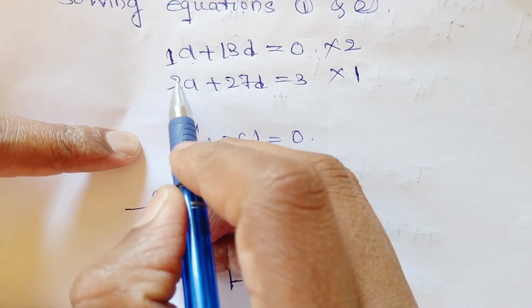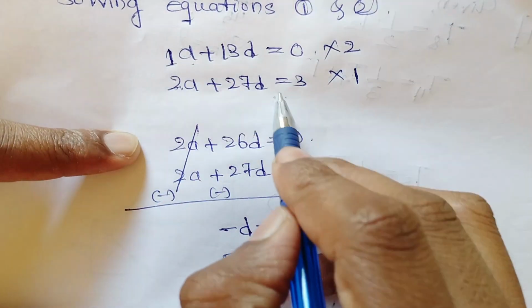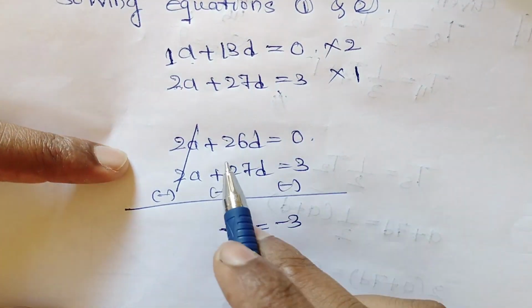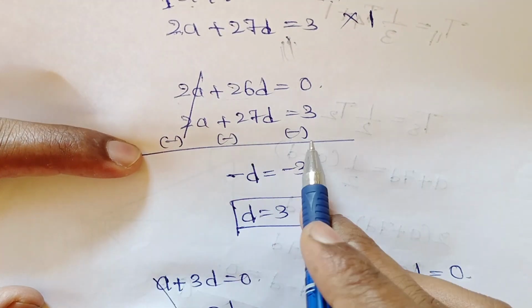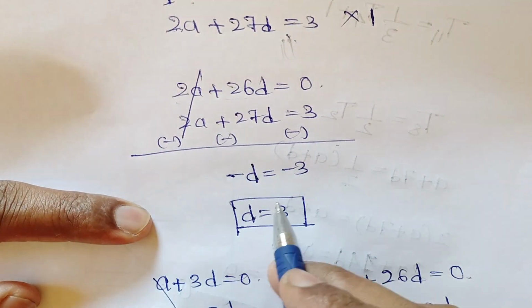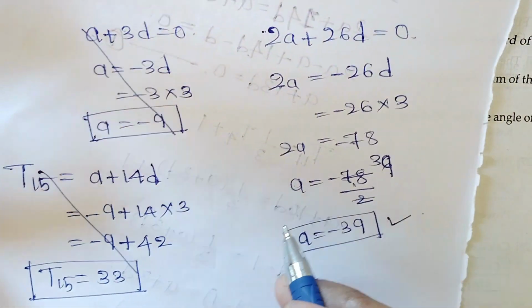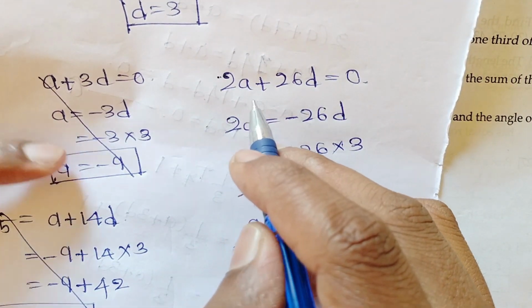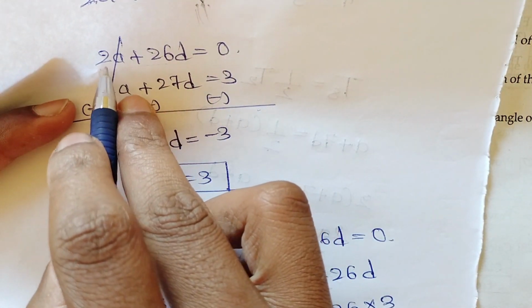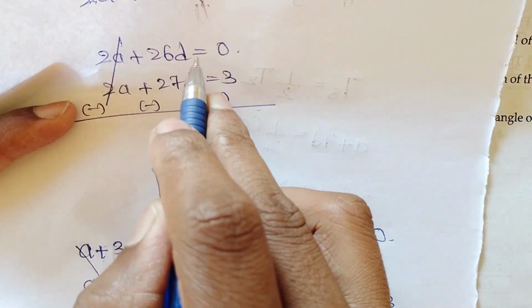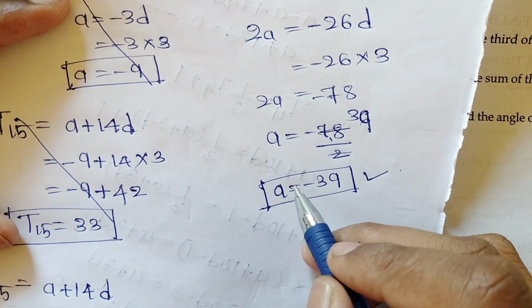After subtracting them we got d as 3, the common difference as 3. Then we substituted this d value in the equation 2a plus 26d equals 0.